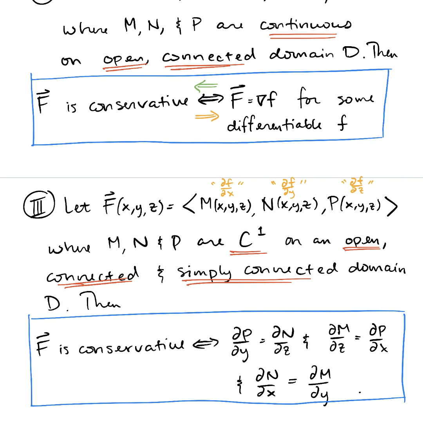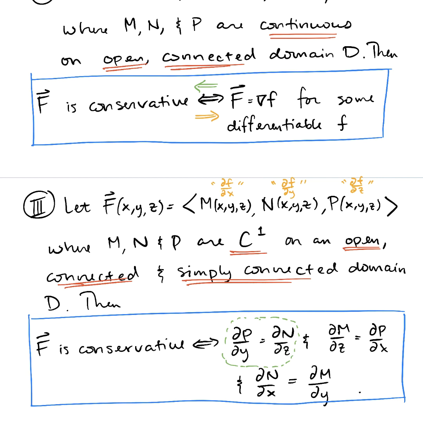Now, focus on this piece. Requiring that dp dy equal dn dz, we'll look back at P. P was already df dz. So dp dy is the mixed partial of f with respect to y and z. Now, look at n.